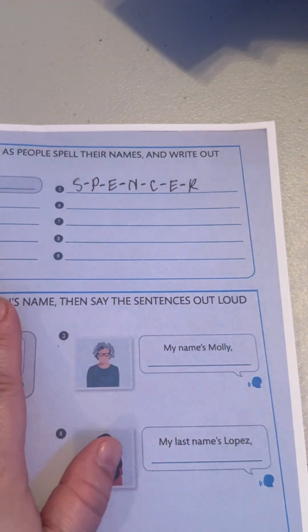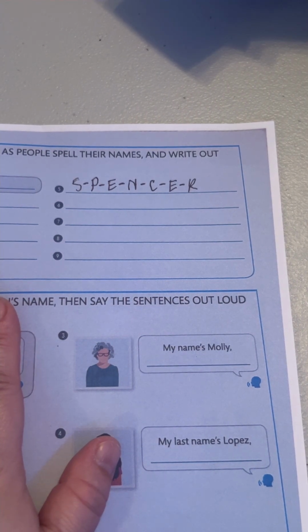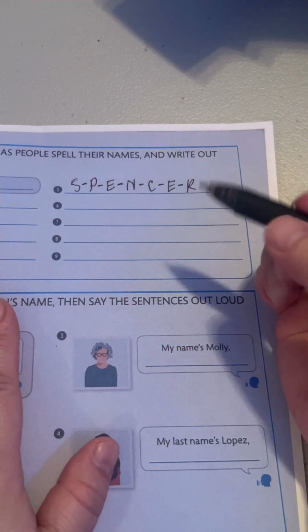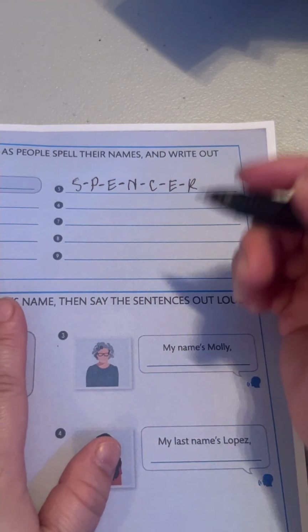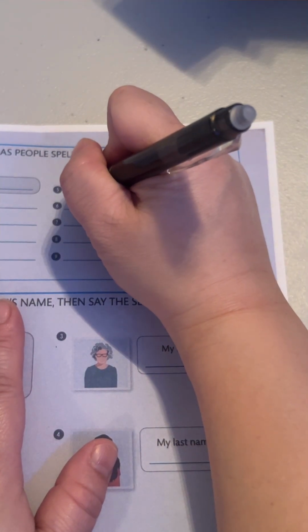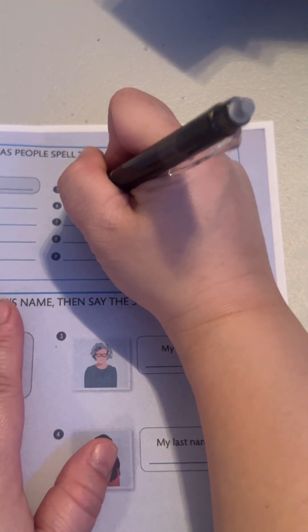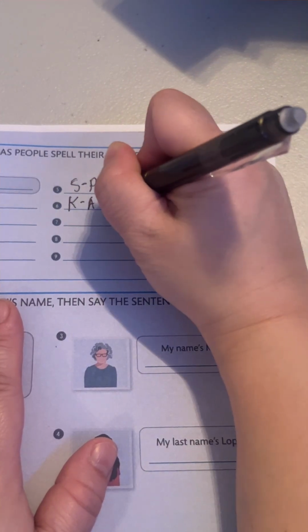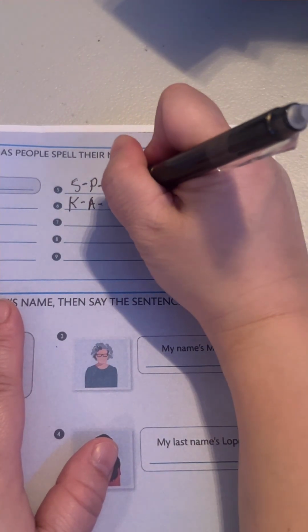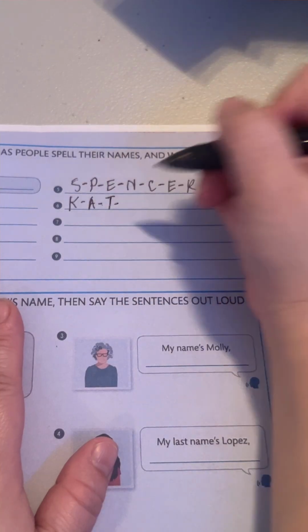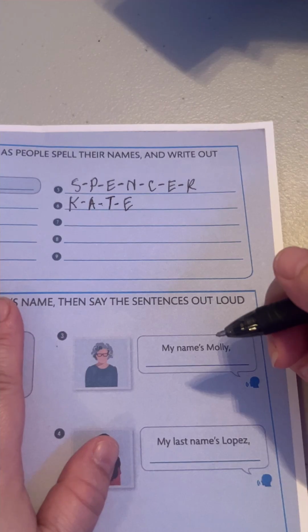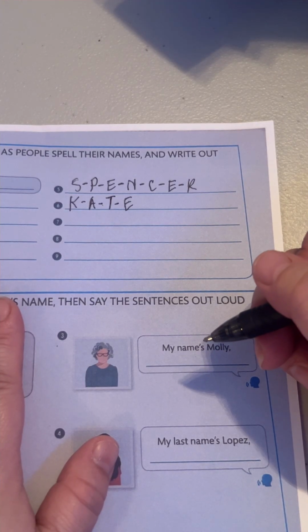Spencer. Alright, next one. Kate Wallace. Wow, this is a very long full name. Okay, so first name is Kate. Kate is spelled K dash A dash T with the T sound dash E. Alright. Her last name is Wallace. Okay?